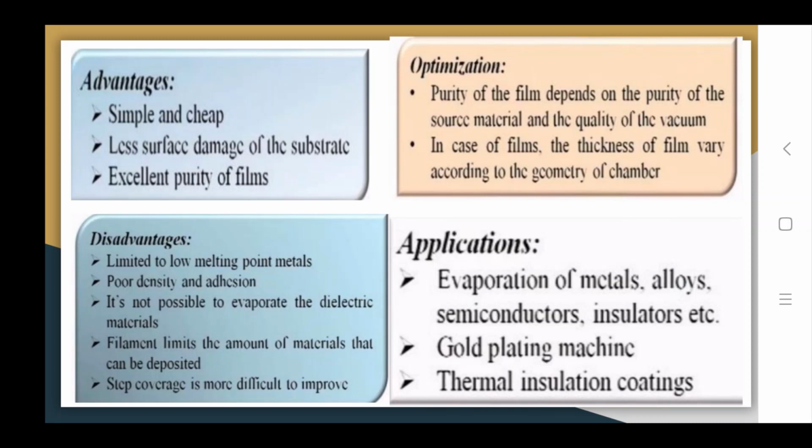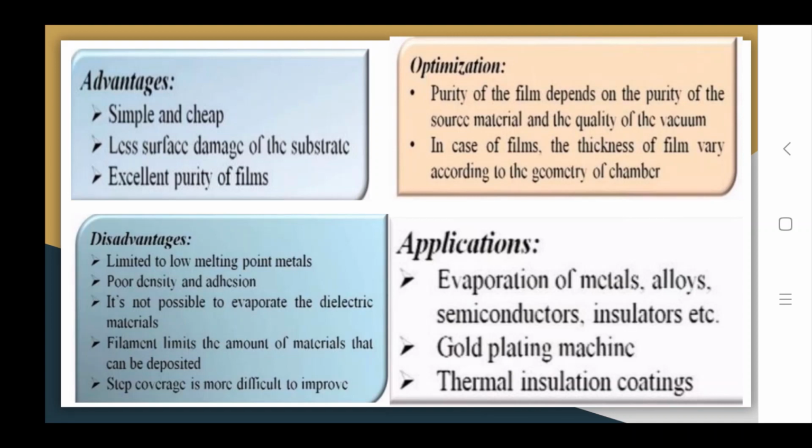Then optimization: the purity of the film depends on the purity of the source material and the quality of the vacuum. In case of films, the thickness of films varies according to the geometry of the chamber. The source material, or maybe the precursor material we are going to take, depends upon purity.